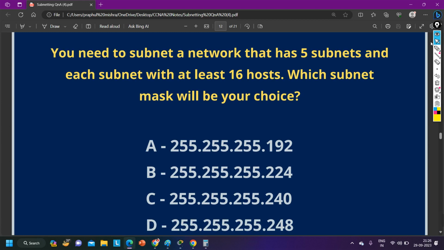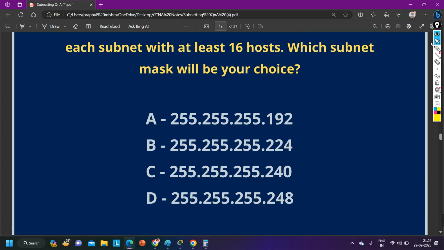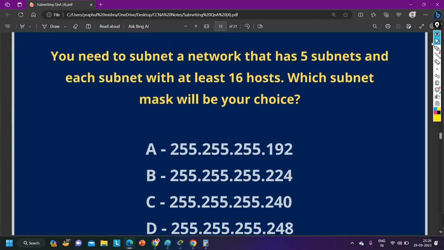You need to subnet a network that has 5 subnets and each subnet with at least 16 hosts. It means you need to divide a network into 5 parts, and in each network you need 16 valid hosts, meaning valid IP addresses. Which subnet mask will you choose? 240 means only 14 hosts will be there.